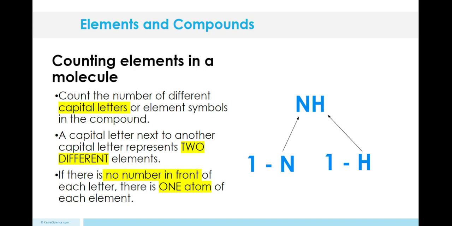N is a capital letter that is nitrogen, and it is next to a capital H, which is hydrogen. They are two different elements. A capital letter next to another capital letter represents two different elements. If there is no number in front of each of those letters, then there is only one atom of each of those elements.